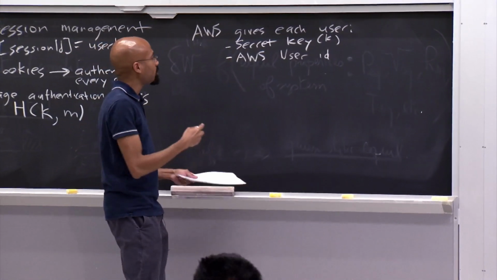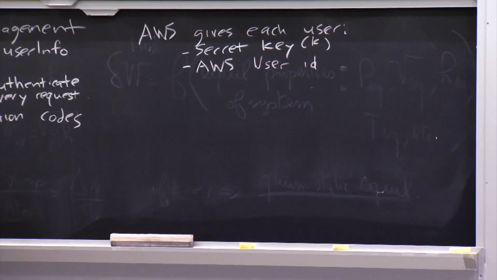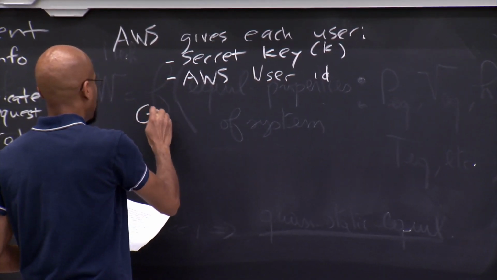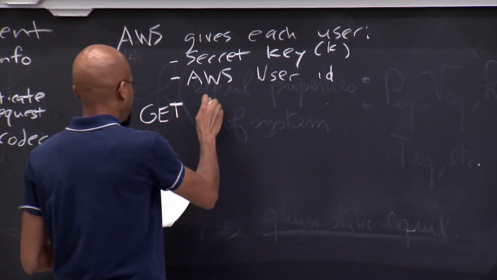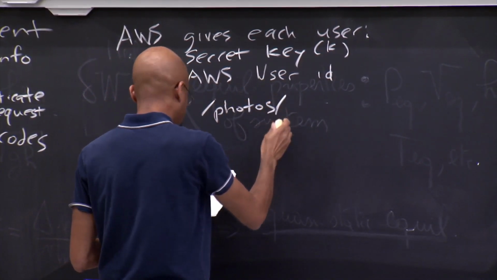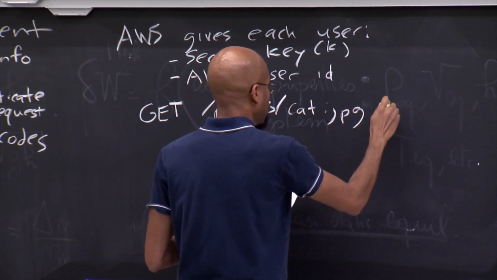And so every time you want to send a request to AWS via HTTP, you have to send it in a special format. So you'll have the first line of the GET request. So you want to access some photos. No surprises here.